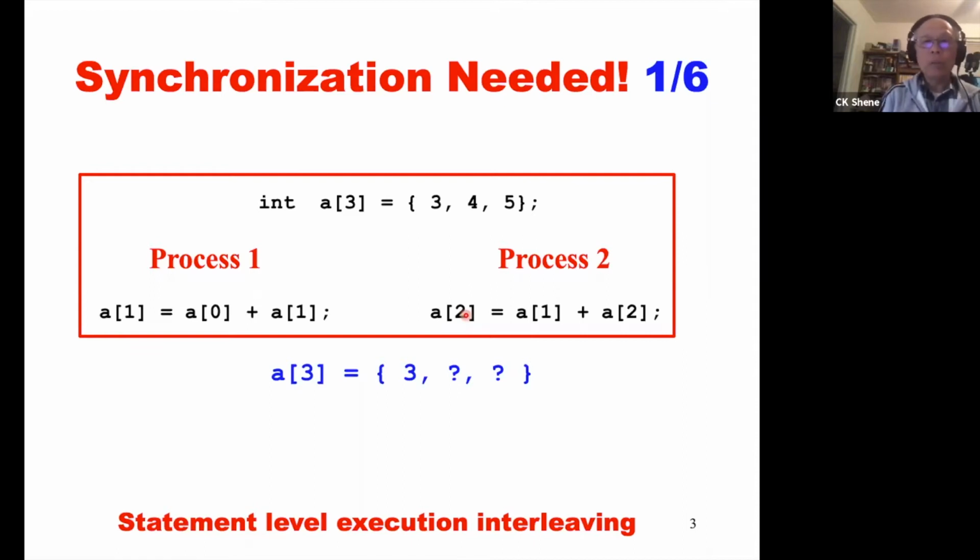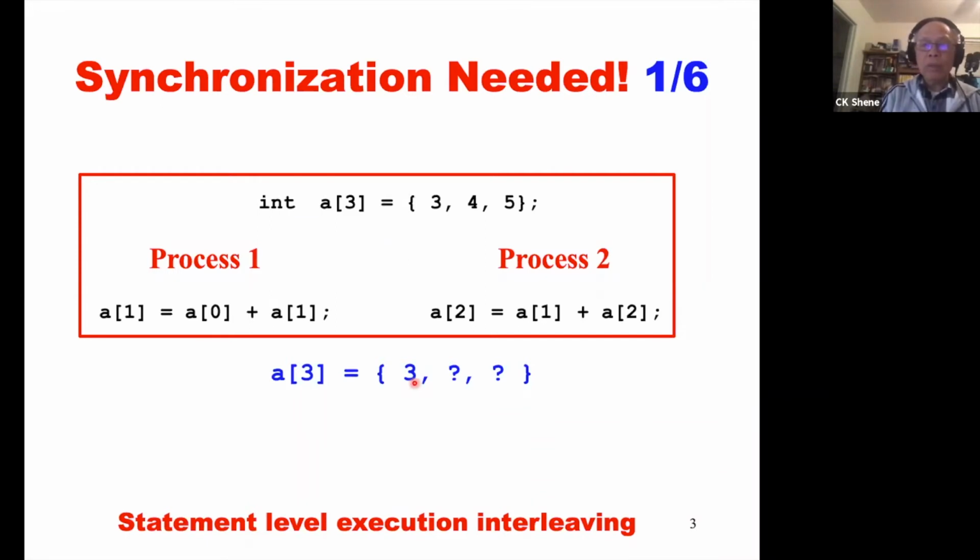We know A0 is never modified. We only modify A1 and A2. We never modify A0. So we know at the end of process 1 and process 2, A0 has to be 3.